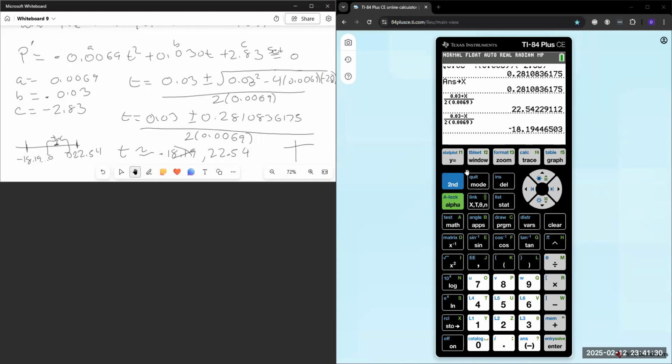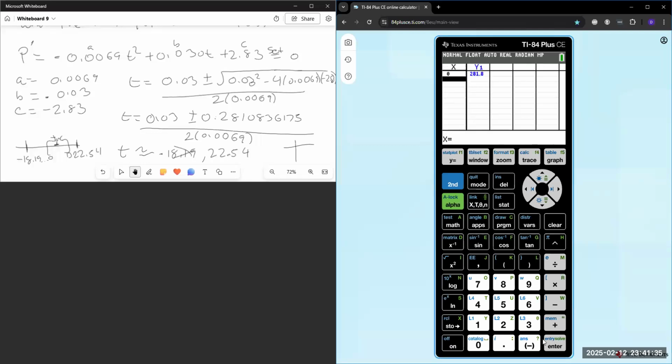Going to go ahead and evaluate at 0, and then at 13. This is still my original function. So when t is 0, P is 281.8. When t is 13, I have 316.07. Those are millions of people, by the way, for my population.